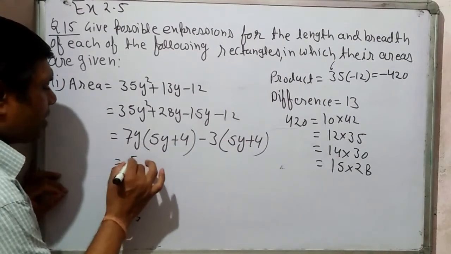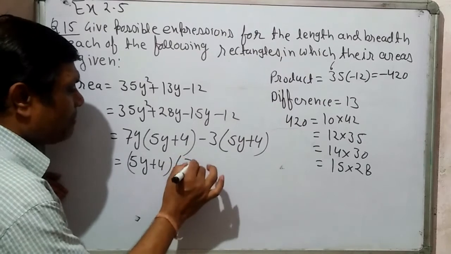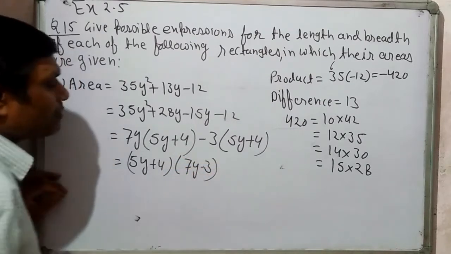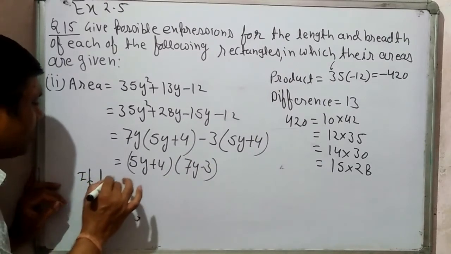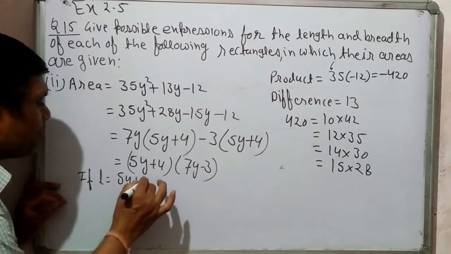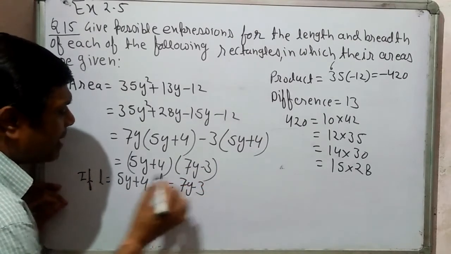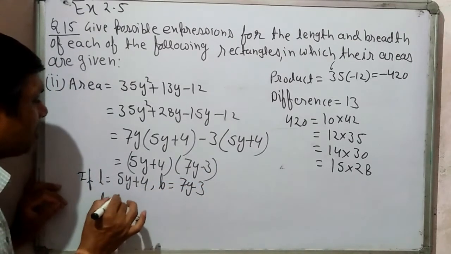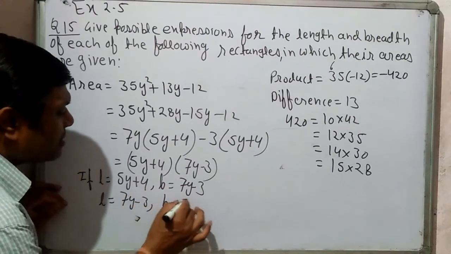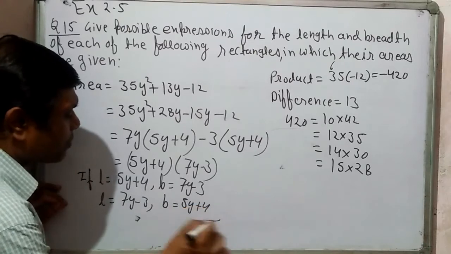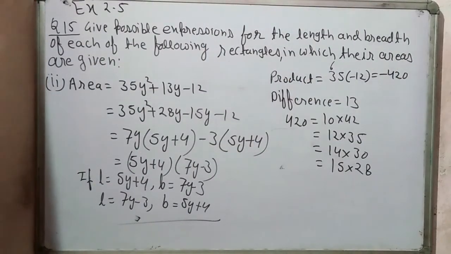So what we are getting is 5y plus 4 multiplied with 7y minus 3. So if length is 5y plus 4, then breadth is 7y minus 3. If length is 7y minus 3, then breadth is 5y plus 4. Nevertheless, one of them is length and the other is breadth.